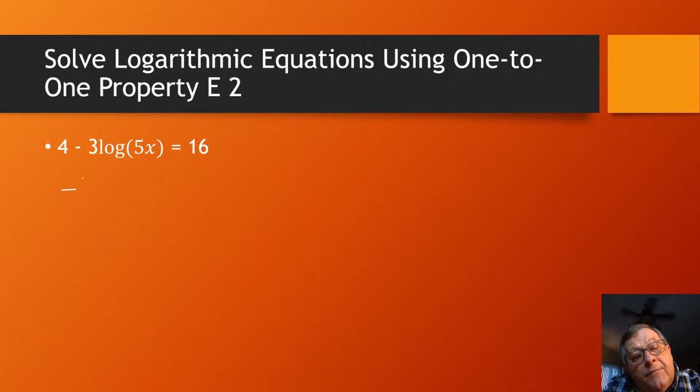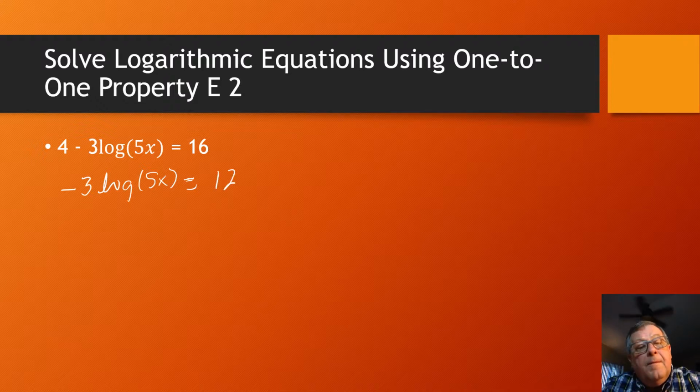Then I've got -3 log of 5x equals 16 minus 4, which is 12. Then we've got this -3 times the log, and I can go ahead and divide both sides by -3. When I do, I've got the log of 5x equals -4.